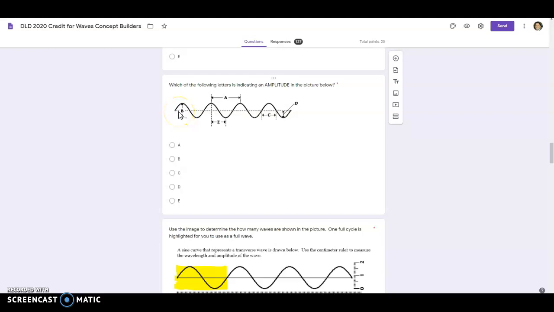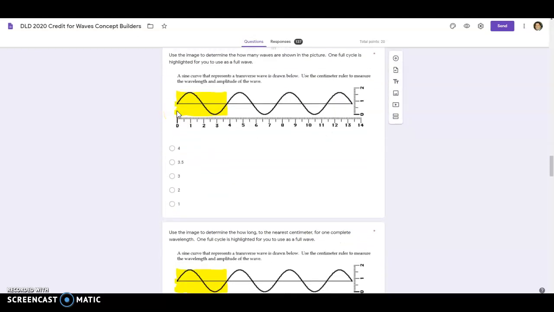B is incorrect. I tried to highlight this wave here, and there's a worksheet that goes along with this on my eClass page. This curve has a wavelength that's highlighted here. As you follow, that's one wave, that's two waves, that's three waves, and that's a half a wave.